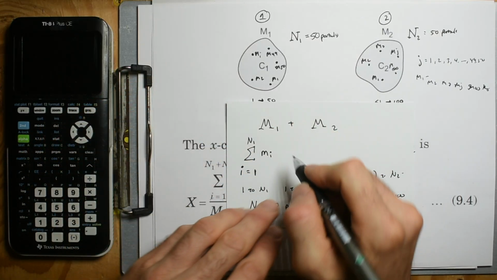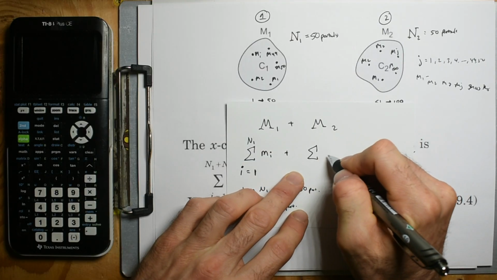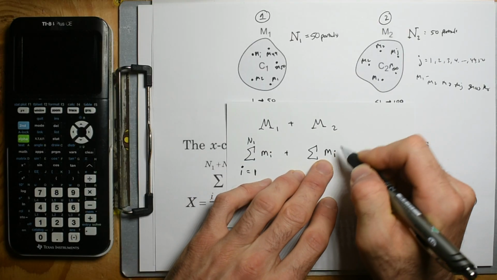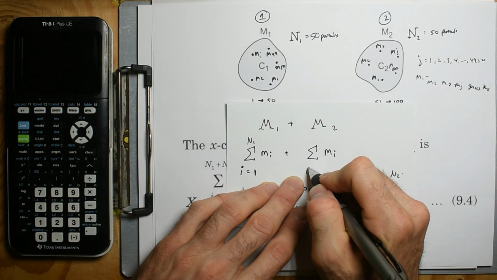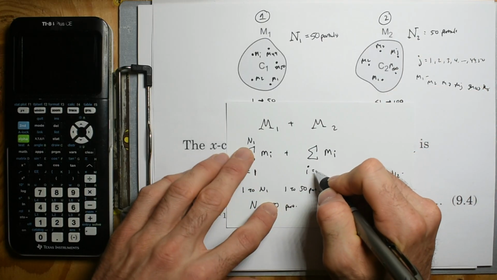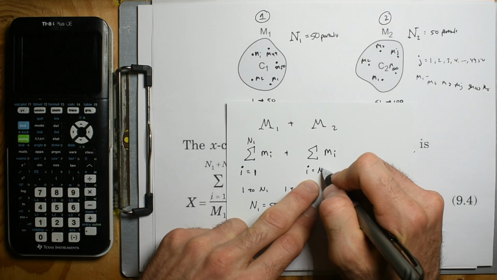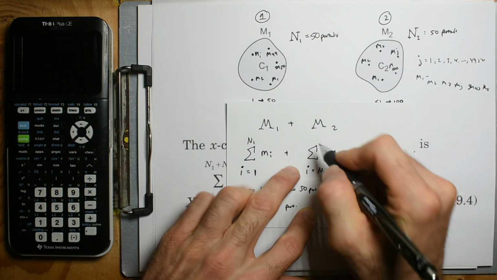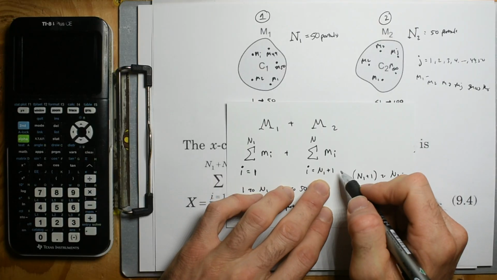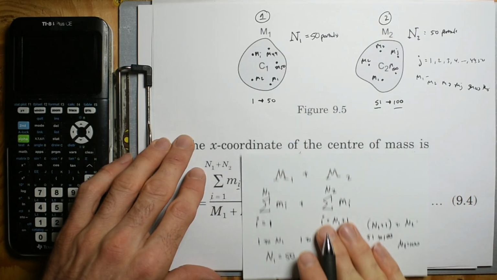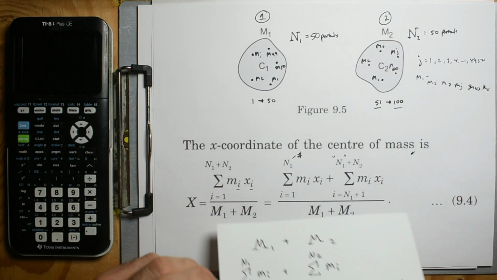I should have even wrote that first. Plus the summation of each of these particles in this second system is going to be the 51st particle. So if this is 50, we're going to be N1 plus 1 to the 100th particle, or just N2. So that's the summation.